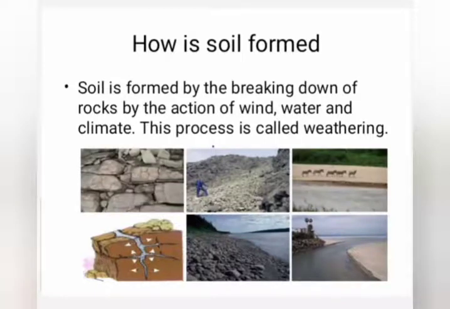This process of formation of soil is called weathering. The factors which influence the formation of soil are wind, water and change in the climate.